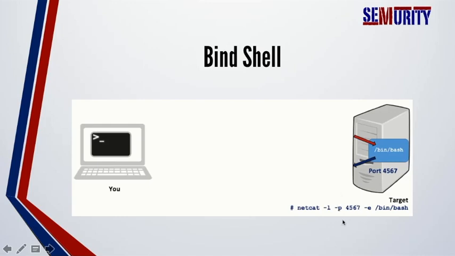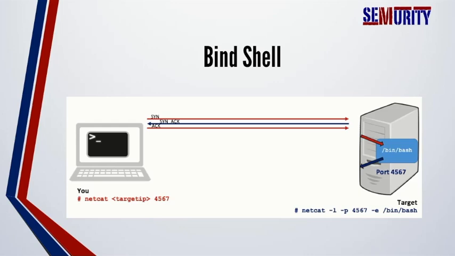So we bind Netcat to listen on port 4567, and along with this binding, we are instructing Netcat to execute the bin bash once a connection is established, so that whenever somebody connects to this port, the bin bash is going to be linked and associated to the TCP stream.